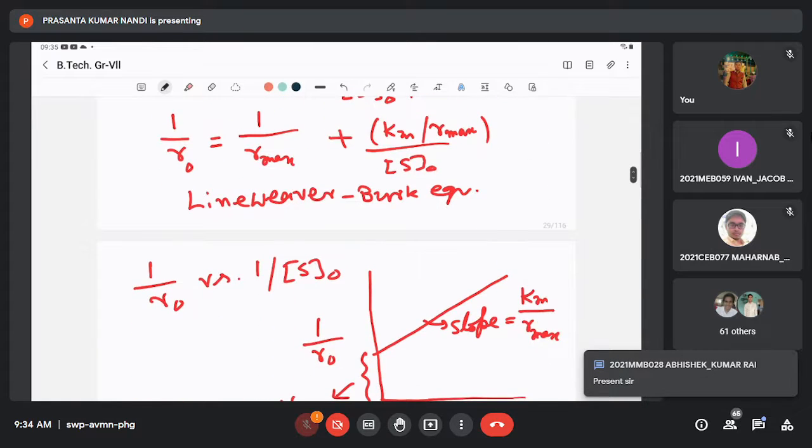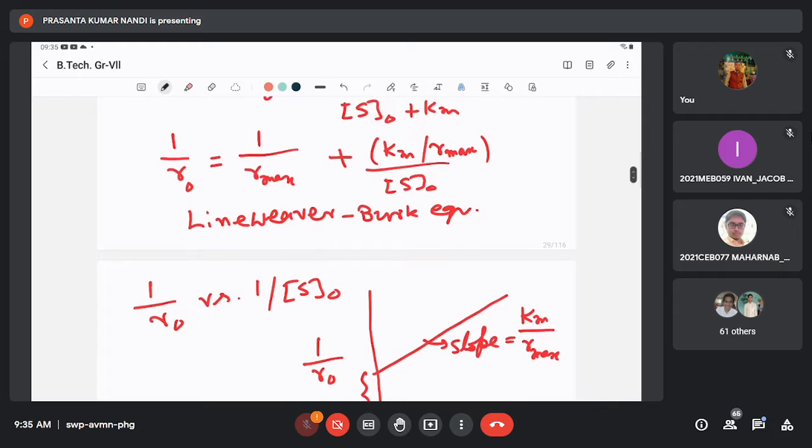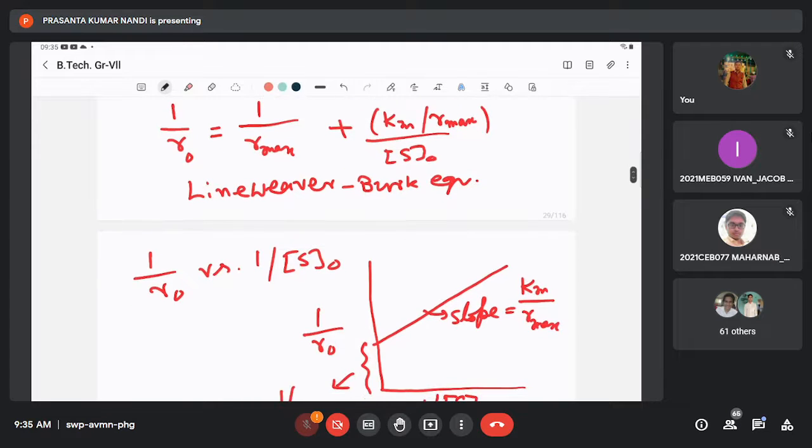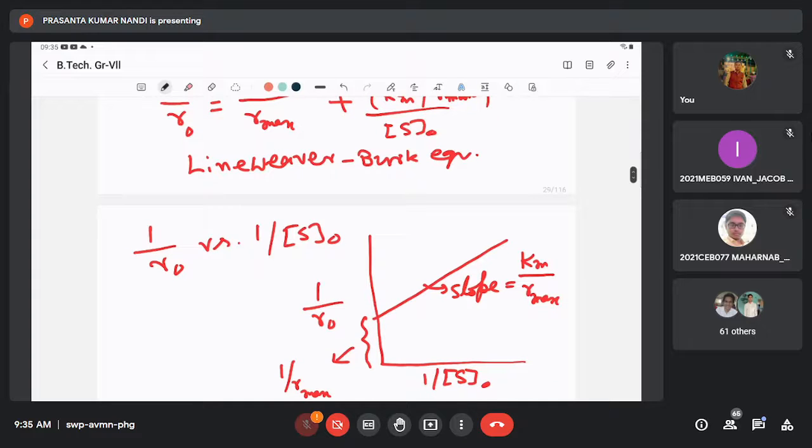Now, if you plot 1 by R0 versus 1 by S0, then what should be the nature of the plot? We are plotting 1 by R0 versus 1 by S0.